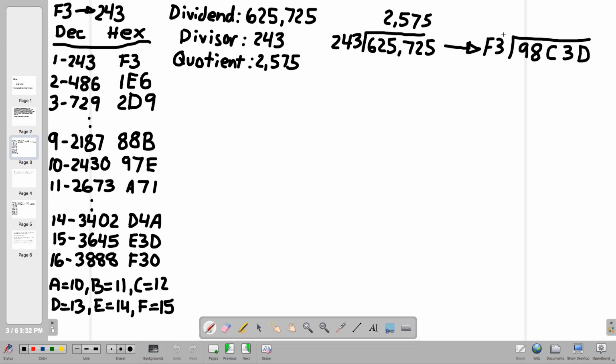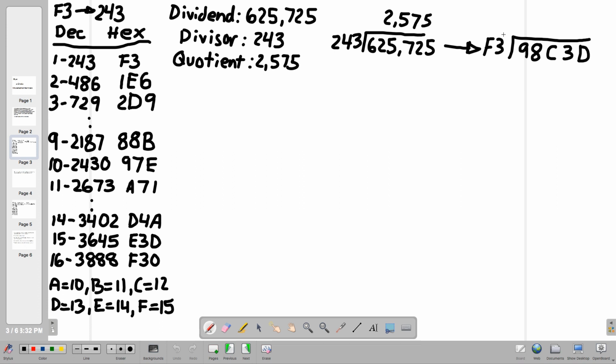The reverse of division is multiplication. So what we're going to show is certain multiples of the value 243. You'll see the first column all represent decimal values. When we multiply 1 times 243, we get the value 243.